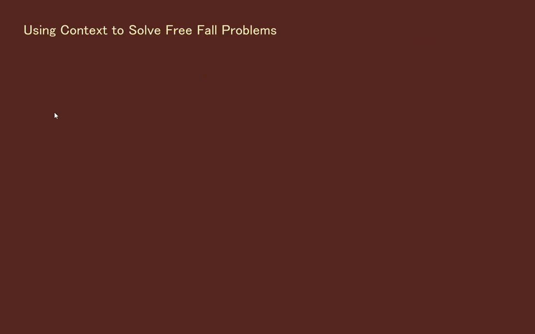Okay, when it comes to freefall problems, we still have the same variables that we always have. We have our position variables, initial and final. Again, this is not the final position of the ball, or object.